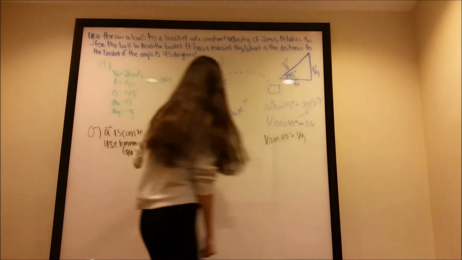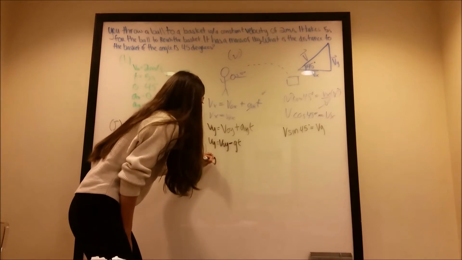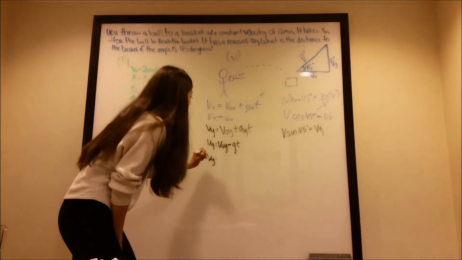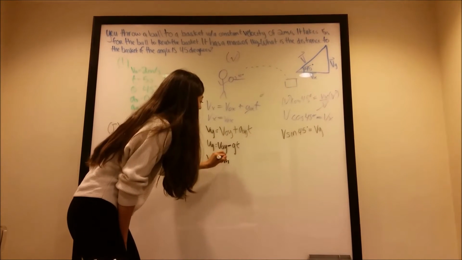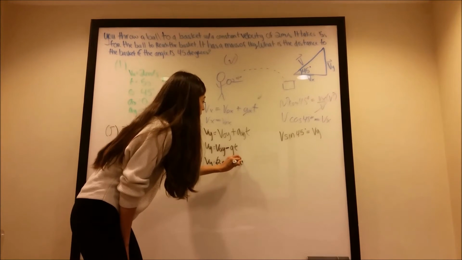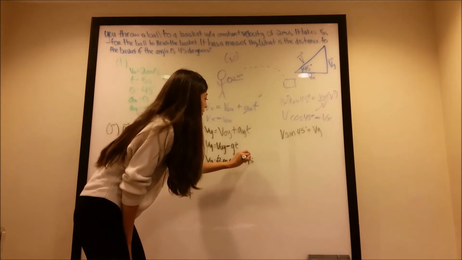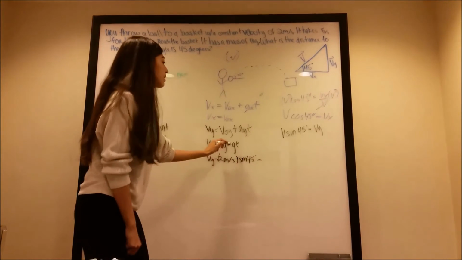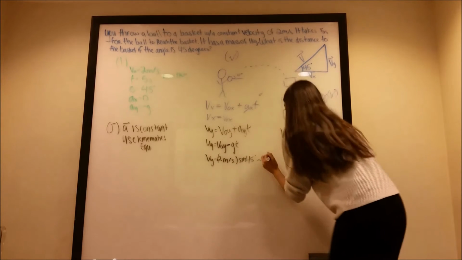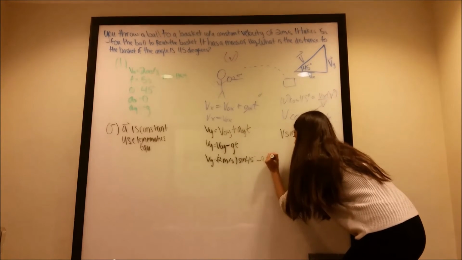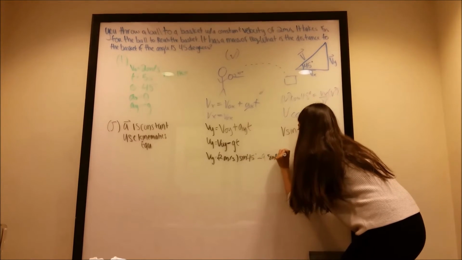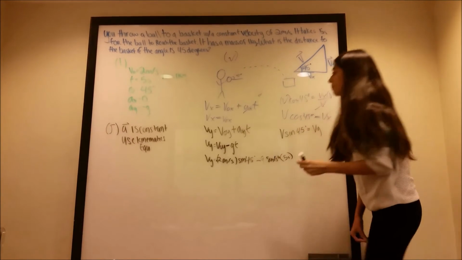So then we plug that in over here, we get that v sine 45 is 2 meters per second sine 45 degrees minus 9.8 meters per second squared times 5 seconds.